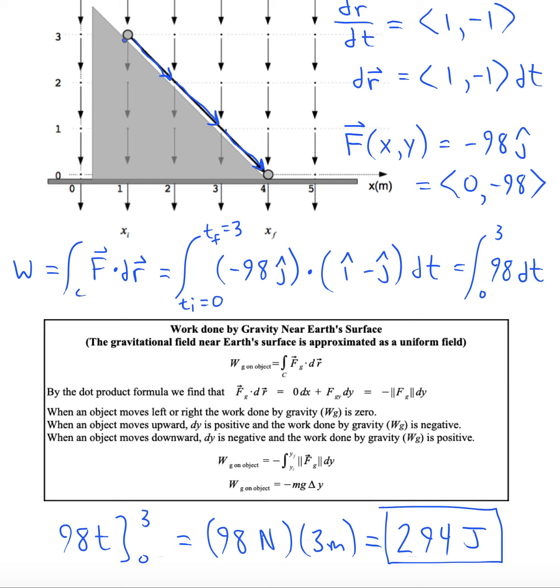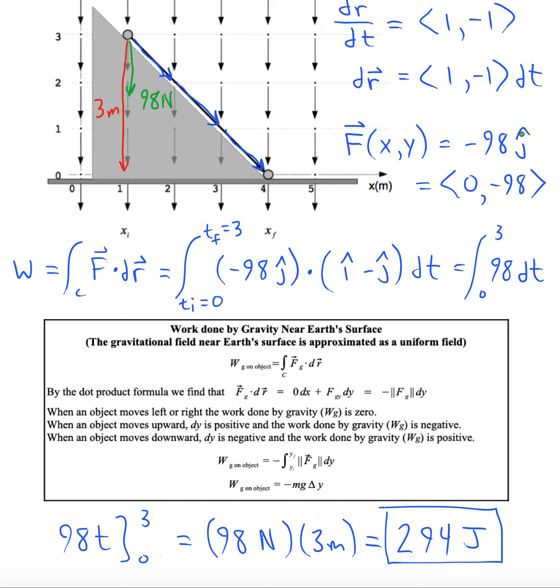Notice here that our object moves to the right and down, but only the downward motion contributes to the work being done by gravity. See, gravity wants to pull it down. The object ends up moving to the right, but that doesn't contribute any work to the situation. The only work that gets done is that 3 meters times the force of the 9.8 newtons that our object was feeling.